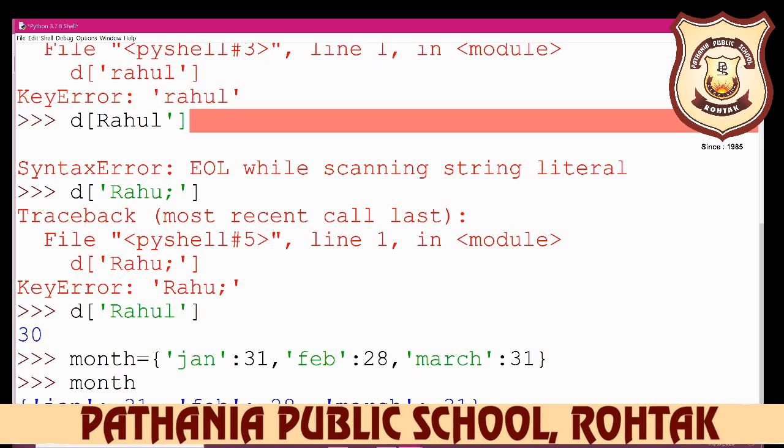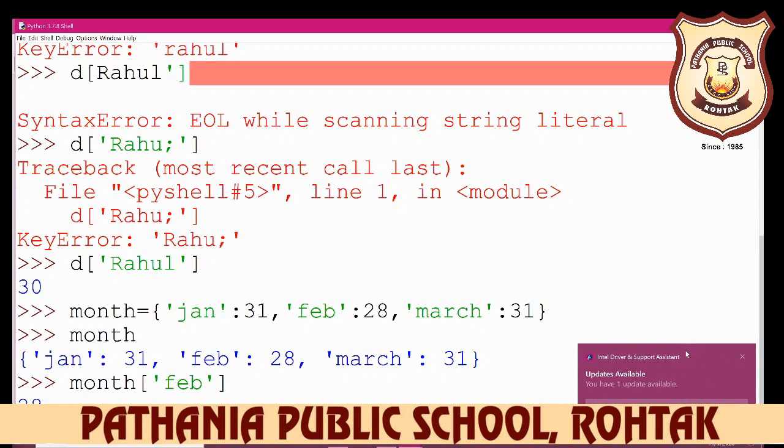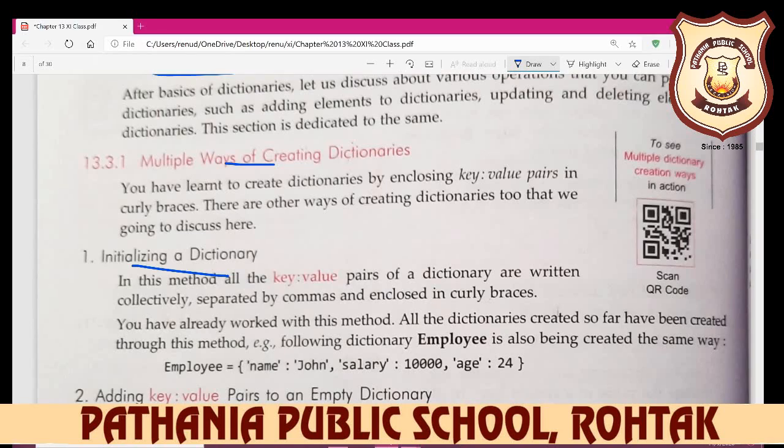So here we write months, then the square bracket, and I want to display the element of Feb, so you write it in this way. You see here 28 will be displayed. So this is how to initialize the values of a particular dictionary.